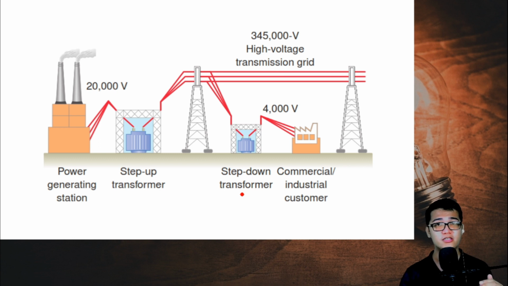So inside the power substations, we have a step-down transformer, and that transformer will now lower the voltage from 345,000 volts to 4,000 volts, and this is what it will now feed to commercial or industrial customers.